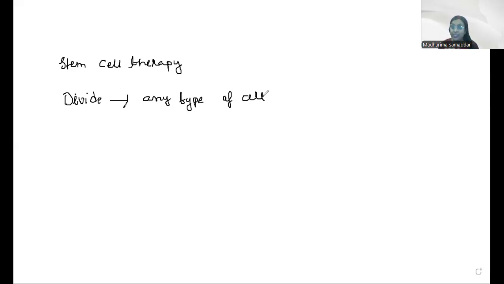So this is promising, isn't it? This is promising because it can be used in future and extensive researches are going on so that stem cell therapy can be applied for treatment of numerous diseases, including genetic disorder.